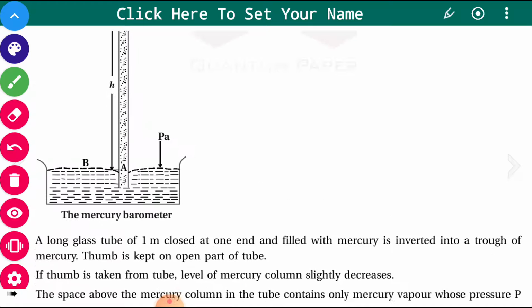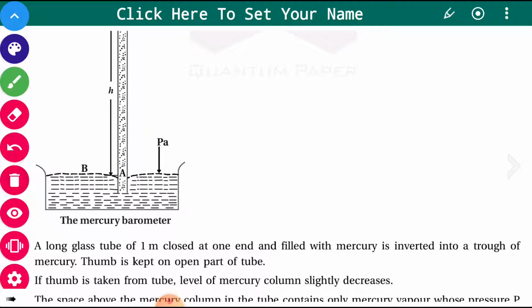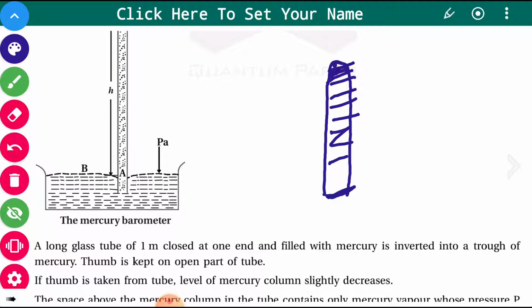First we fill the tube with mercury, with one end kept open. This open part is closed by the thumb. The tube is completely filled with mercury, and then it is inverted in this mercury-filled container.